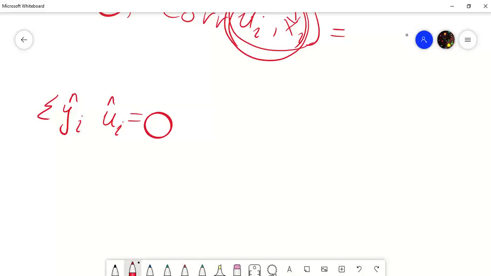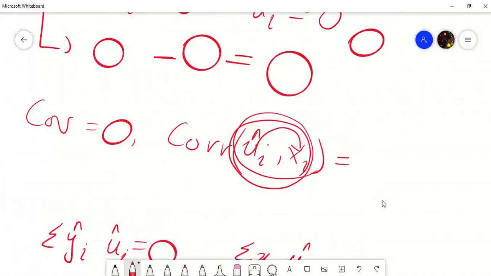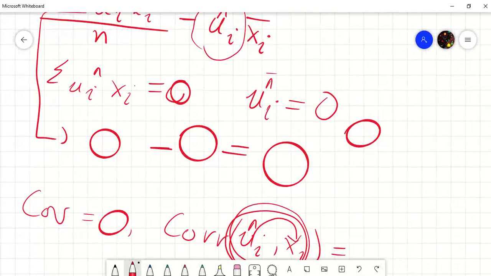In the previous property, we proved that summation xi mu I hat is equal to 0.